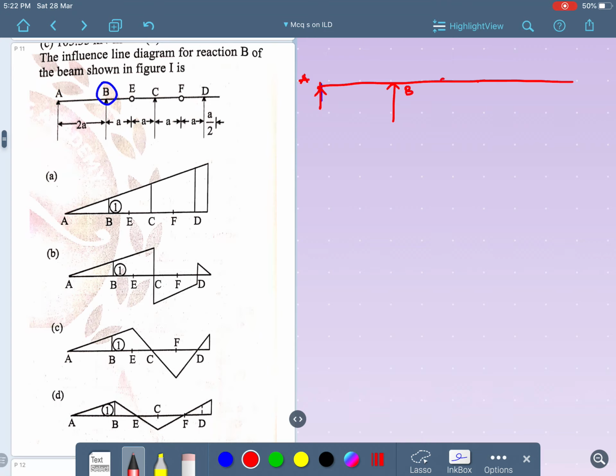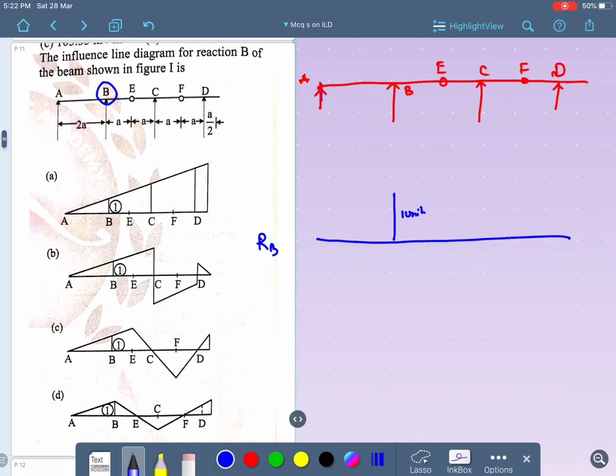Point A, point B, this is the internal hinge present here. Point C, an internal hinge is present here. Let me take this as E, F. Let me take this as D. Okay, I need to draw the influence line diagram for this. What is the type of influence line diagram that I need to draw? That is nothing but the reaction at point B. That means at point B, I am applying 1 unit rotation.